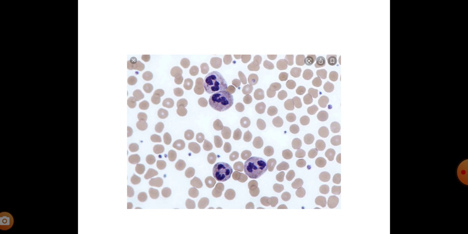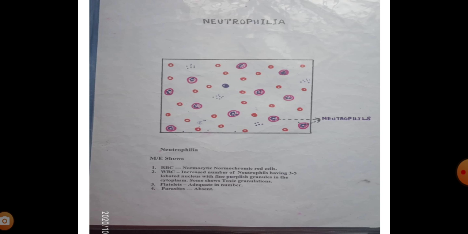Again you are seeing many neutrophils. It has more than 5 WBCs in this field, and the lobes are 3 to 5 lobes. So this is how you draw the neutrophilia picture in your exams.